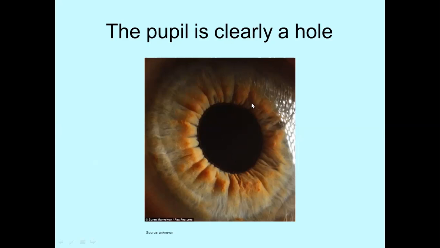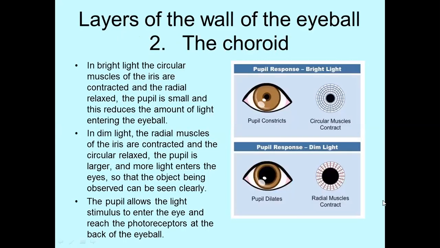And when the circular are contracted, the pupil becomes smaller or constricts. And when the radial are contracted and the circular relaxed, then the pupil dilates.